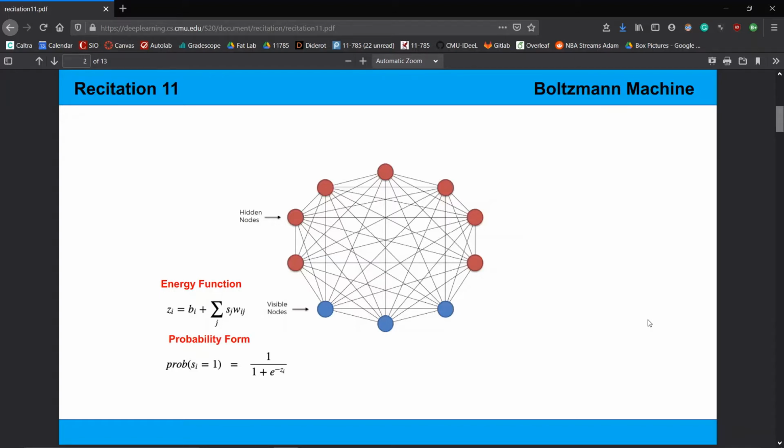In this function, we take in a bias, Sj, which is the current state of the unit, and Wij, which is the connection strength between j and i. This gives us the energy function for a given state. Then we pass this to our activation, which is a logistic function ranging between 0 and 1, and we can interpret it as the probability of turning on a given state.